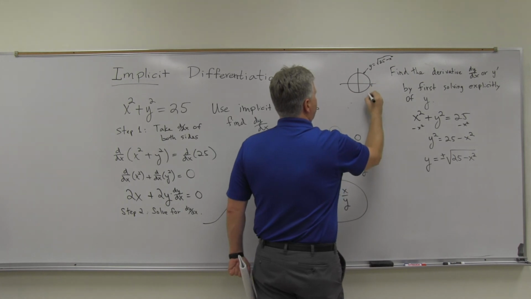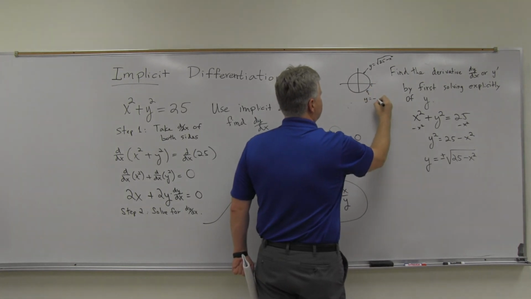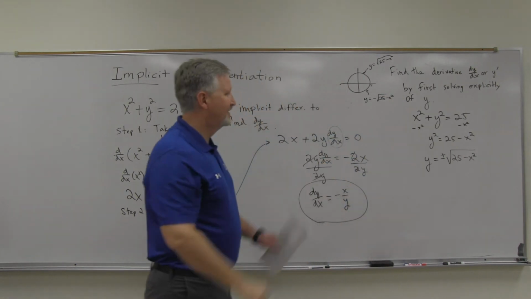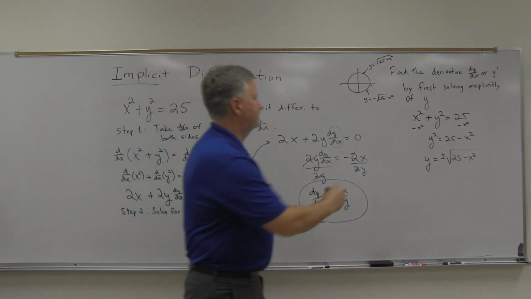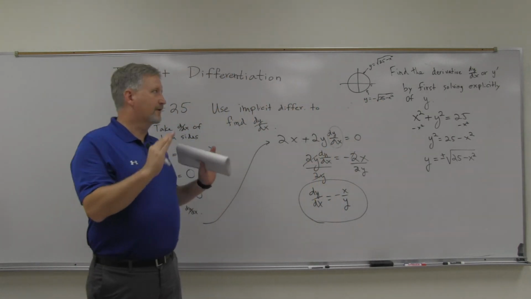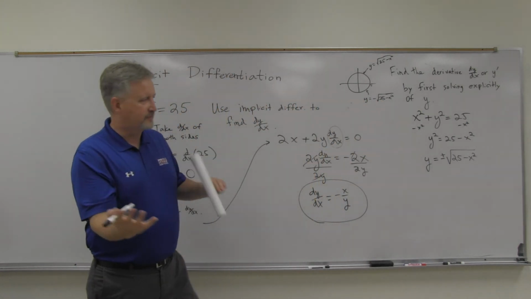But I digress. I don't really have to know that in particular, but anyway. All right, so our goal is to find the derivative dy over dx or y prime.